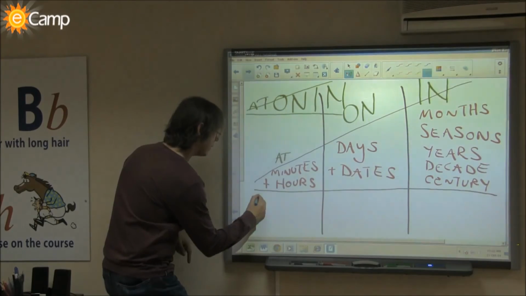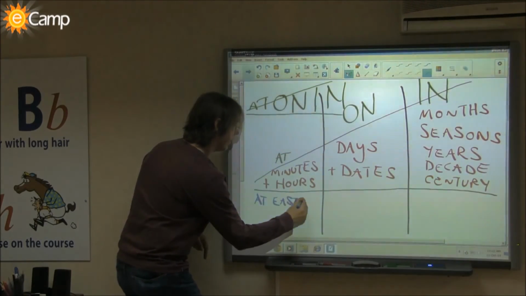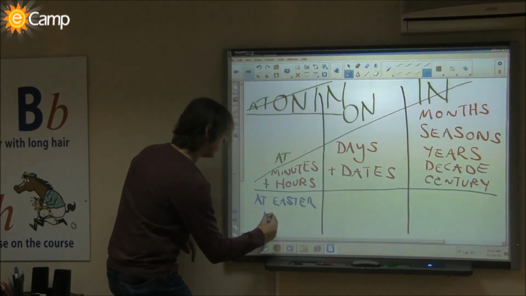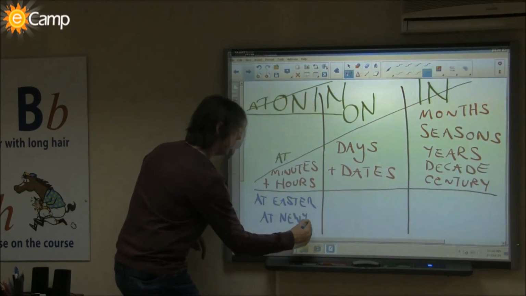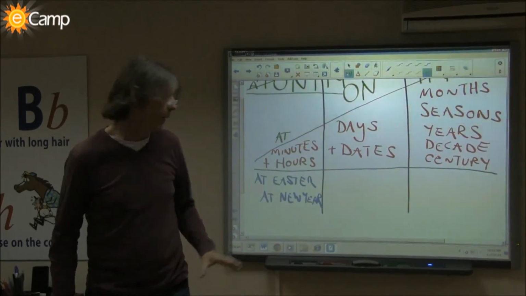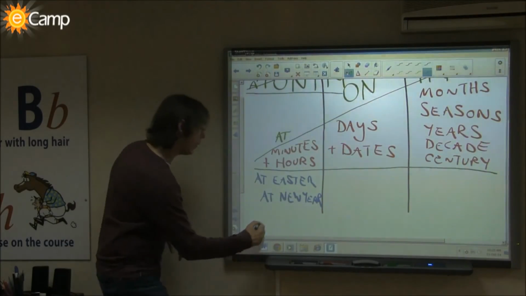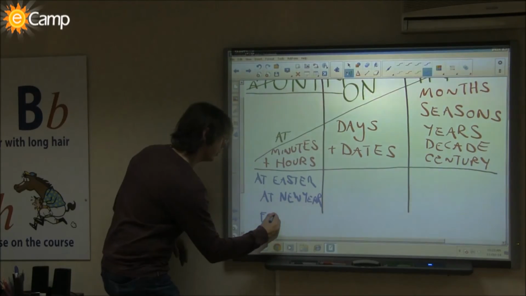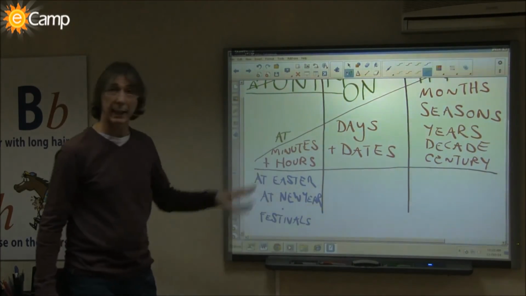So, at Easter, Pascha, yeah, at New Year. Okay, so at Easter, at New Year is one exception. So here we put it for any festivals. Goes in the at section.